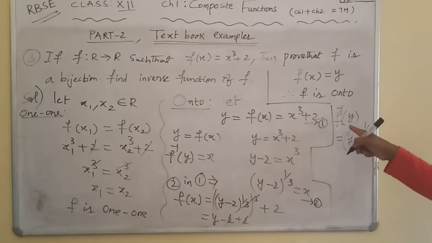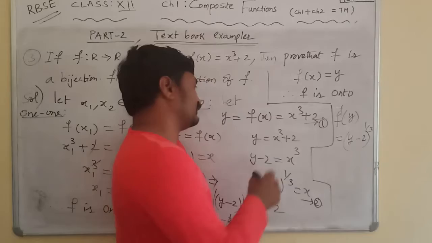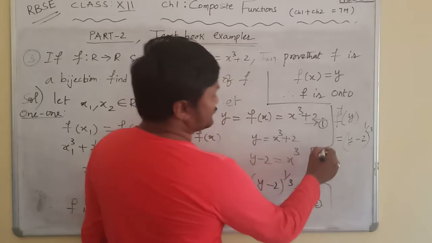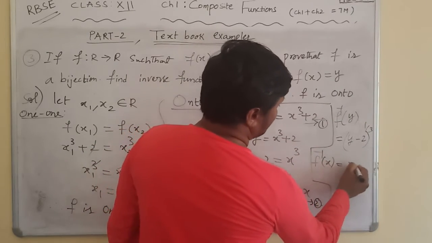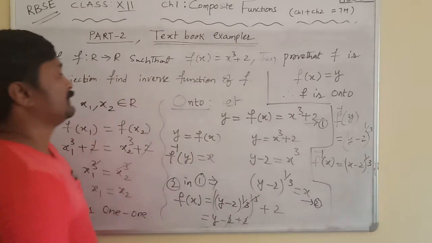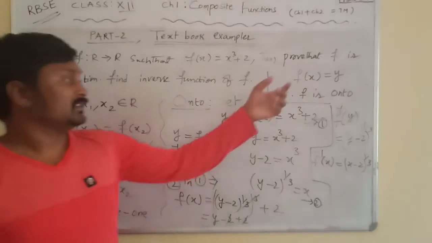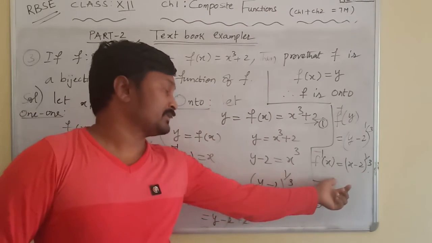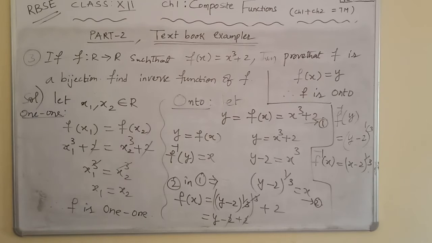Just remove y and write x in the y place, so replace y with x. Then f inverse of x is equal to x minus 2 whole power 1 upon 3. So first we proved it is 1 to 1 and onto, then we found the inverse function, that is f inverse of x is equal to x minus 2 whole power 1 upon 3. That is about your third problem.